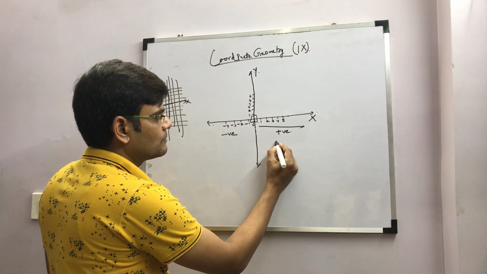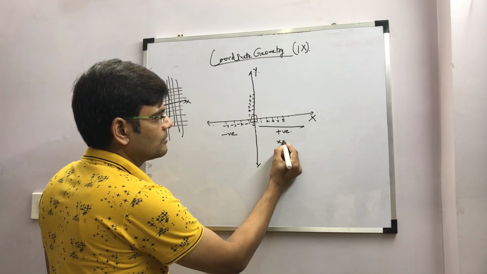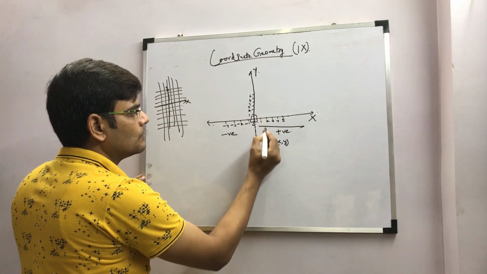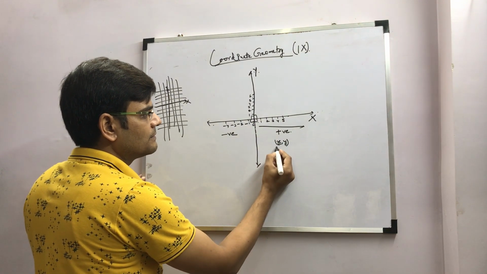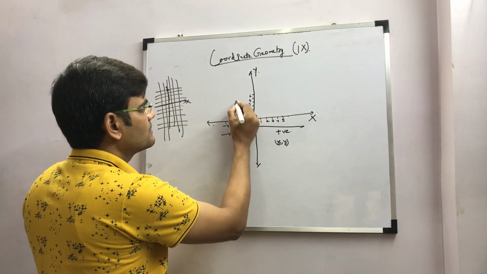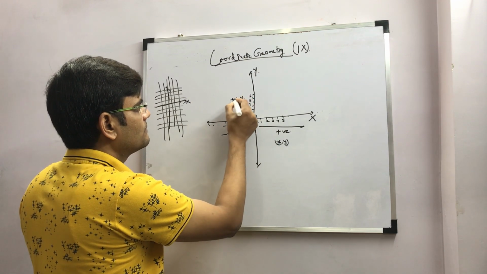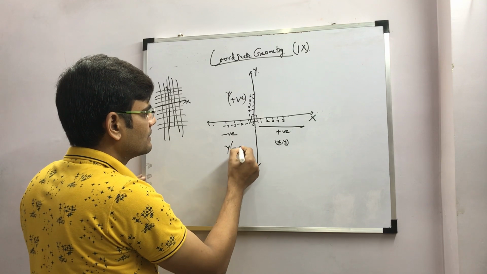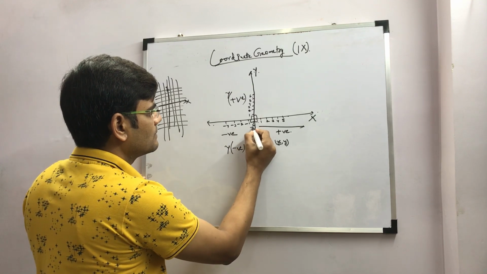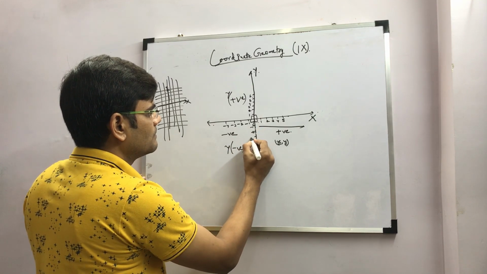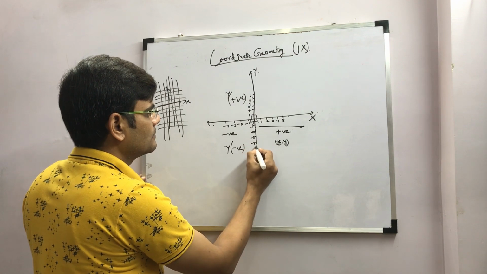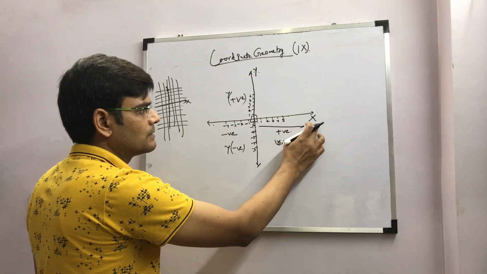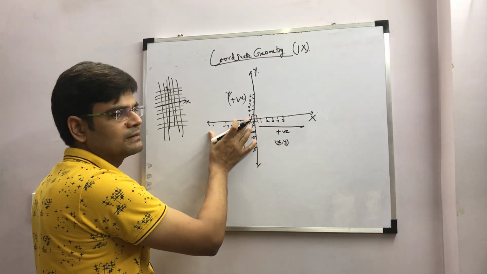So when a coordinate is written like this, x comma y, it means you go, if x is positive, and first of all I didn't say, this goes as y positive on the y-axis, and this is y negative. So we have -1, -2, -3, -4, -5, etc. On the x-axis, the right hand side is positive, the left hand side is negative.